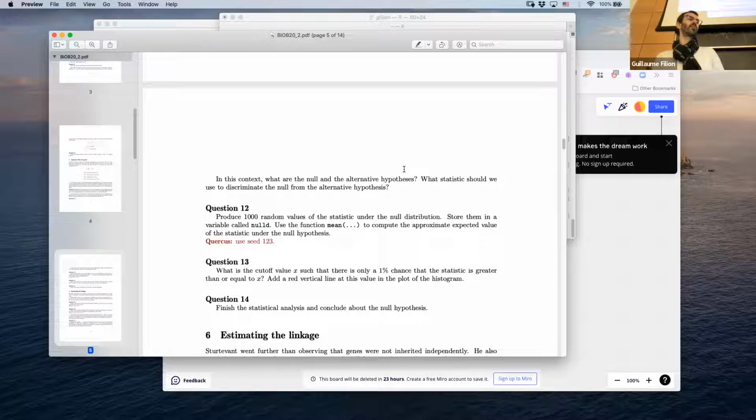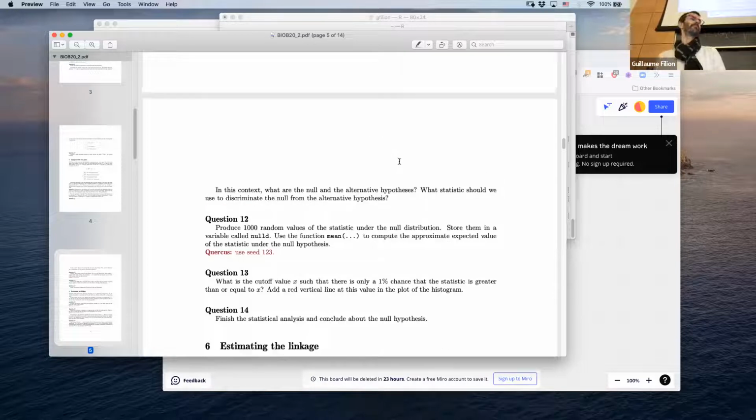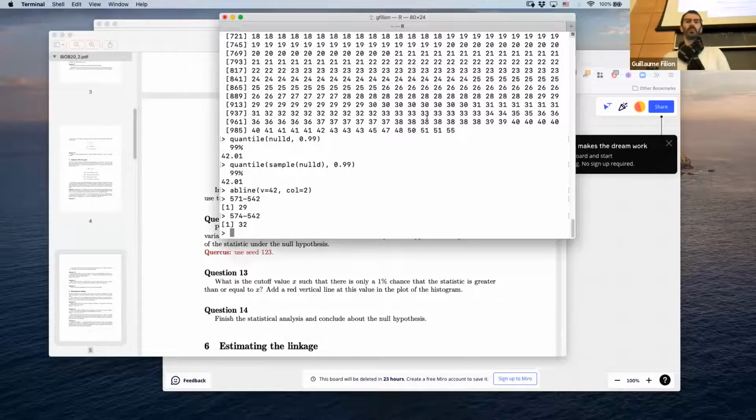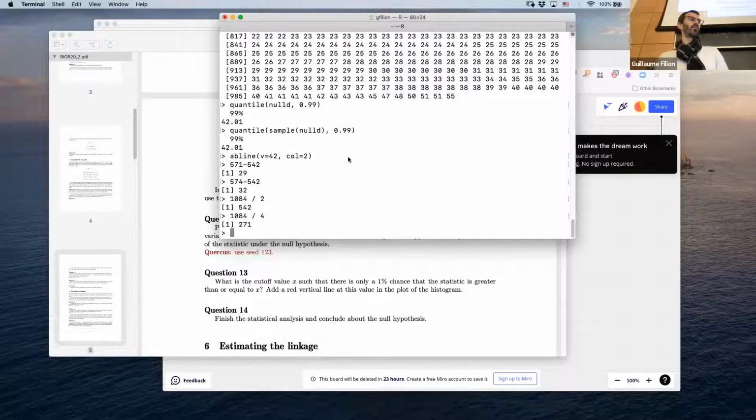It used to be 1/2 minus 1/4. What statistic should we use now? Any idea? Yeah, almost the same as before, but instead of doing that, we're going to take this 271 as the expected value.